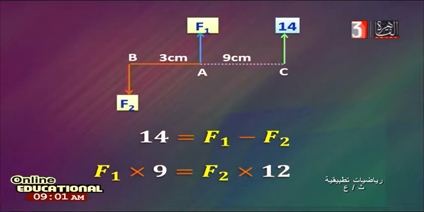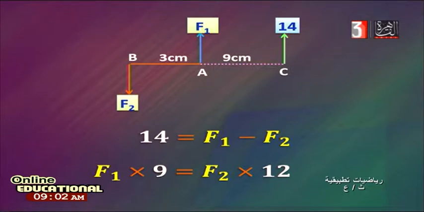Therefore, F1 times 9 equals F2 times the distance between B and C, which is 12. We have two equations, F1 minus F2 equals 14 and 9F1 equals 12F2.